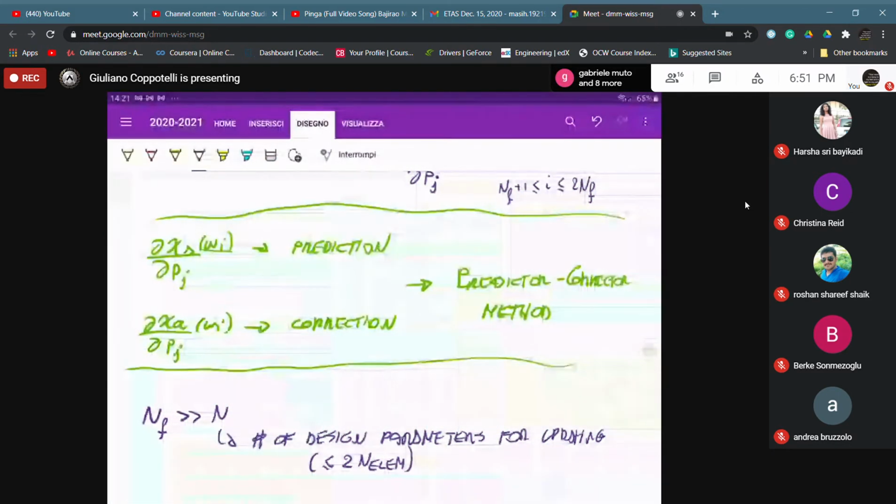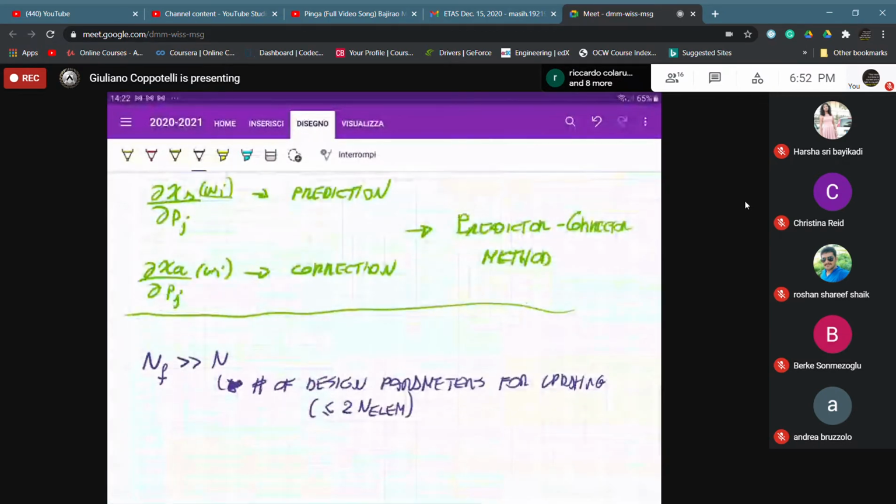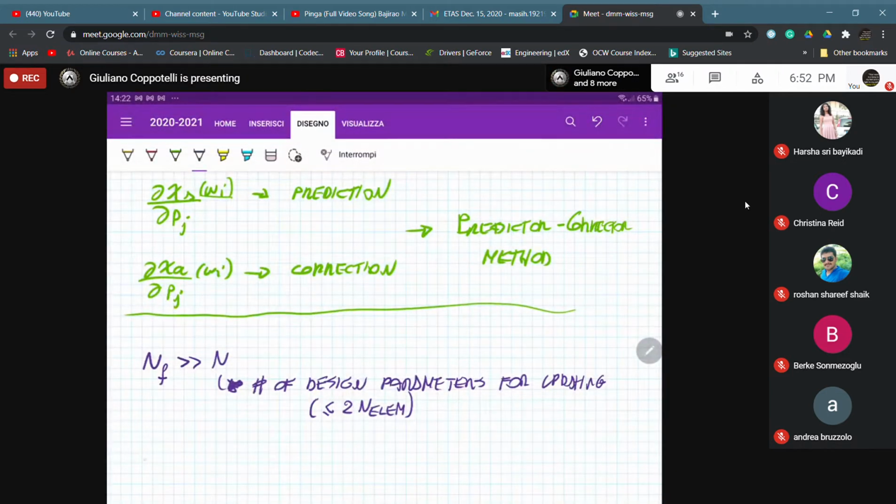In general, this number of design parameters is much lower than the number of frequency lines, and therefore we have to look for the solution in a least square sense.